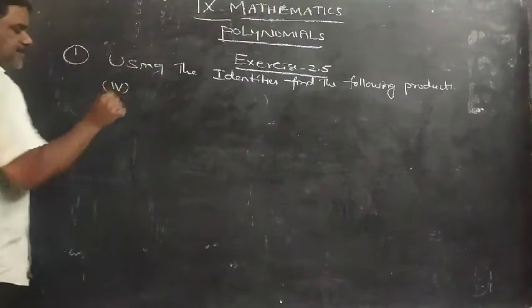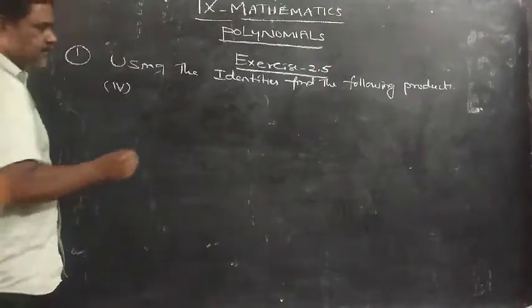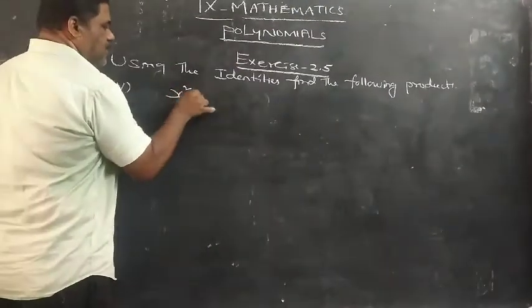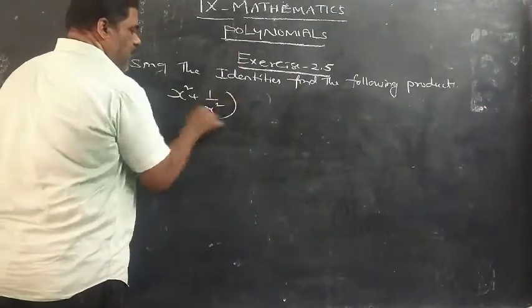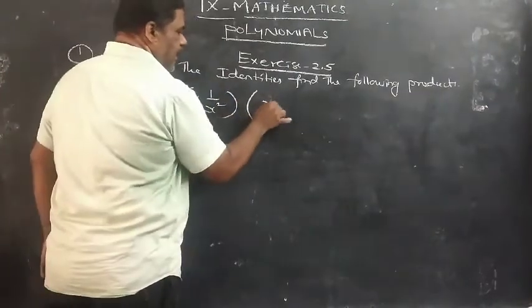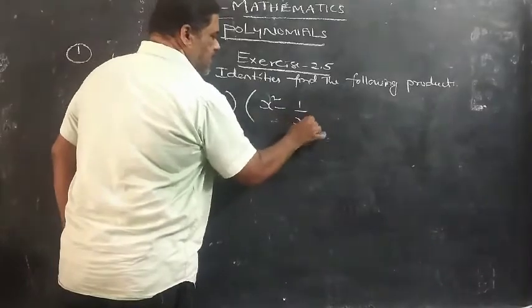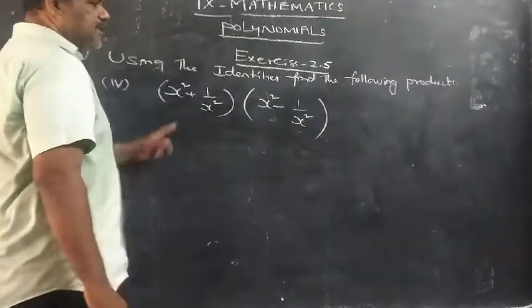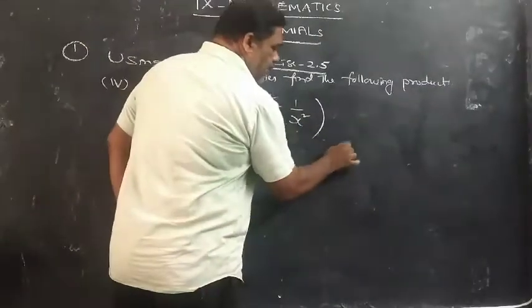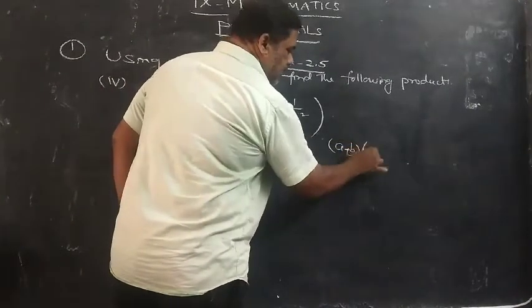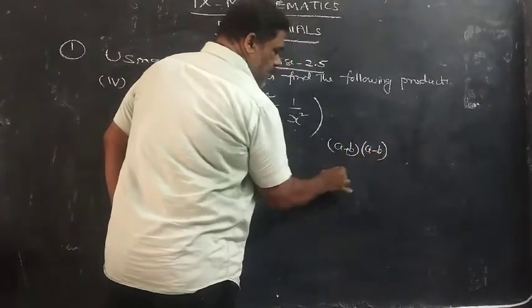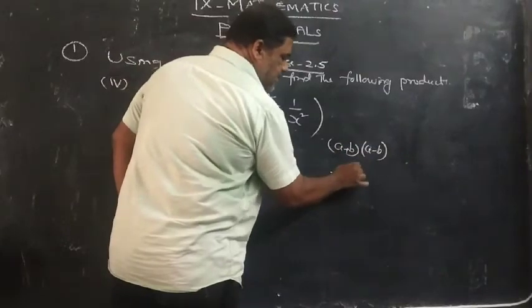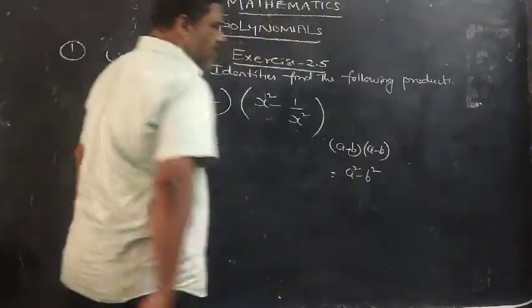Write the fourth one. x square plus 1 by x square into x square minus 1 by x square. Now this is also in the form of a plus b into a minus b, which is a square minus b square.